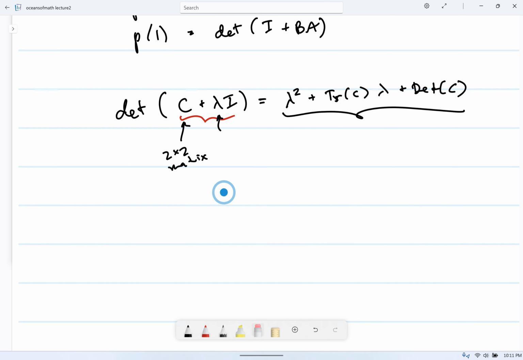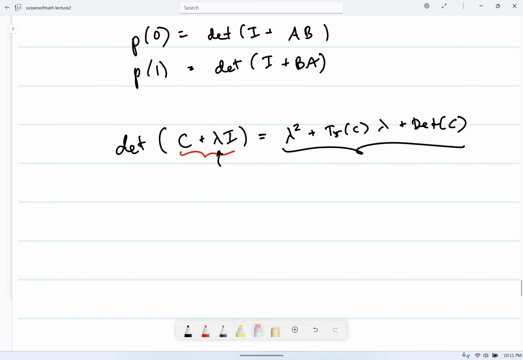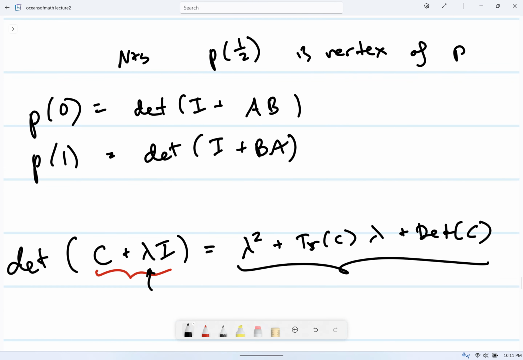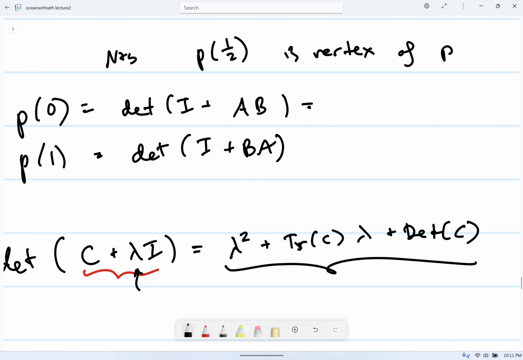So here, going back to our situation, we have the determinant of I plus AB. This is kind of like almost an eigenvalue looking determinant, except we have lambda is equal to 1. And so 1 isn't necessarily an eigenvalue of AB, but it's going to have this same form.